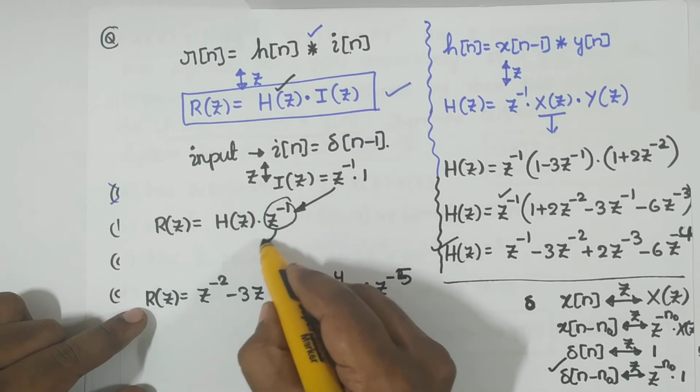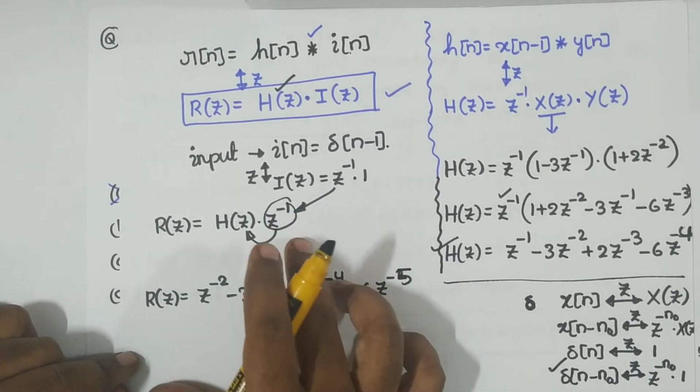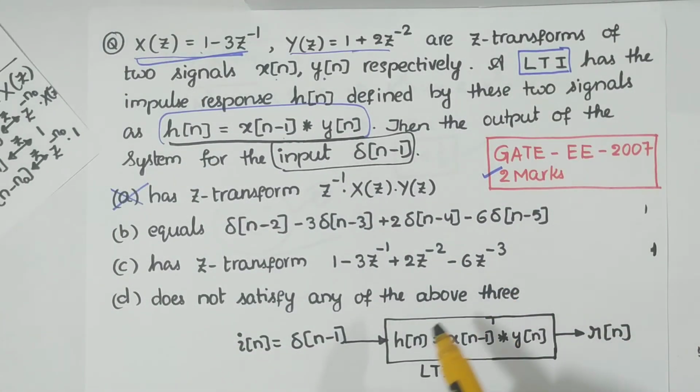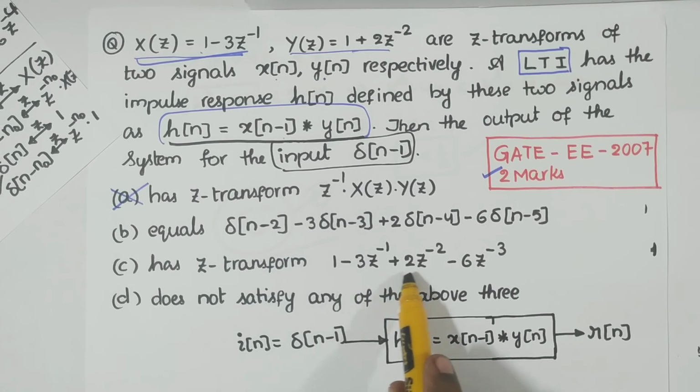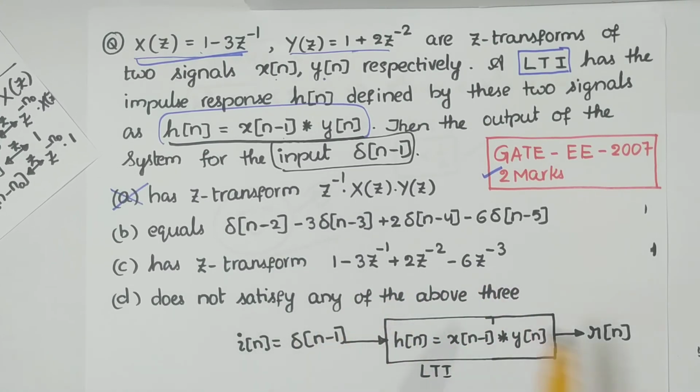We are multiplying z power minus 1 with this, so the last term becomes z power minus 5. Now, do you have any option like z power minus 2, all these things? I have 1 minus 3 z power minus 1 something. This is nowhere and does not satisfy.